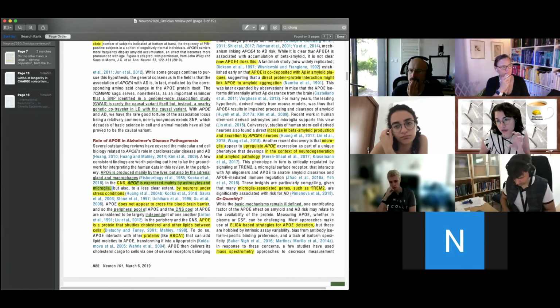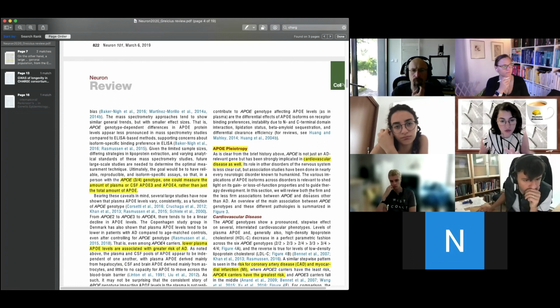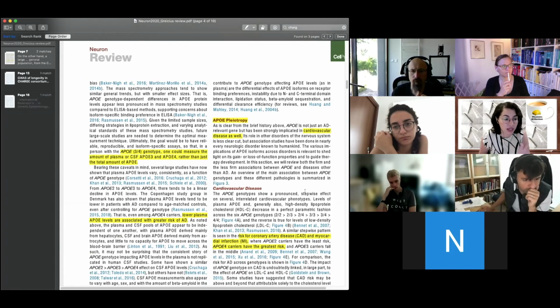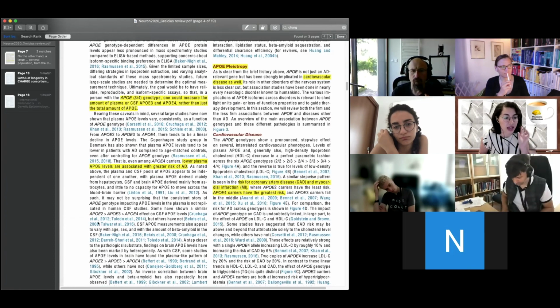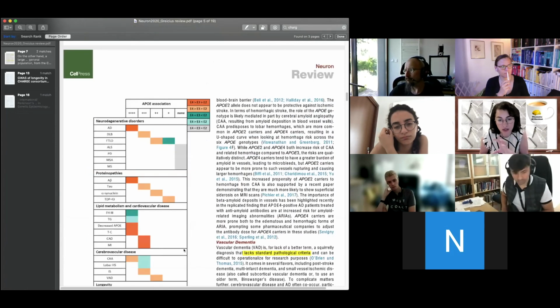This is in the central nervous system, and then there is this link that is clear in cardiovascular disease with cholesterol, triglycerides, and also the link with myocardial infarction.